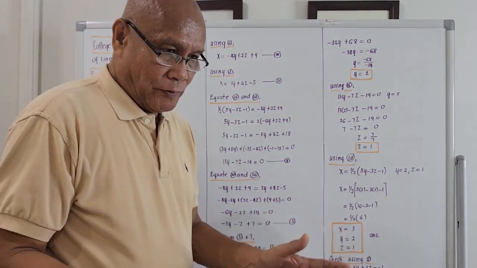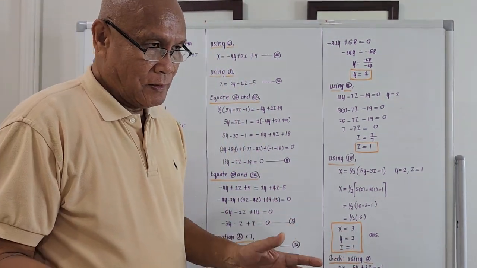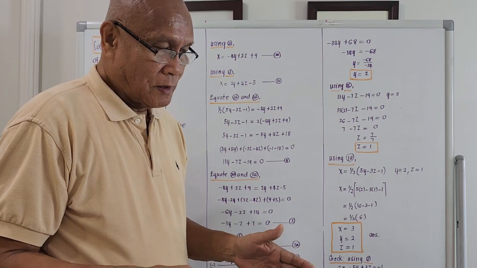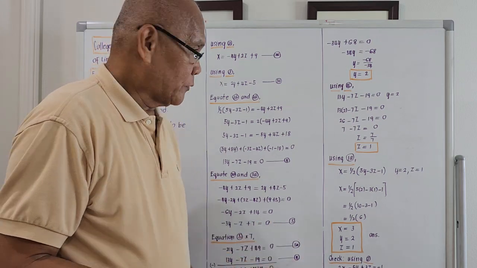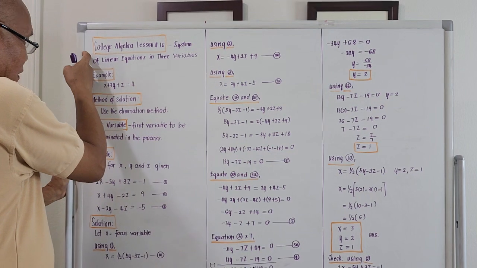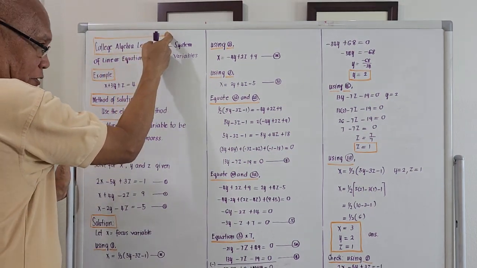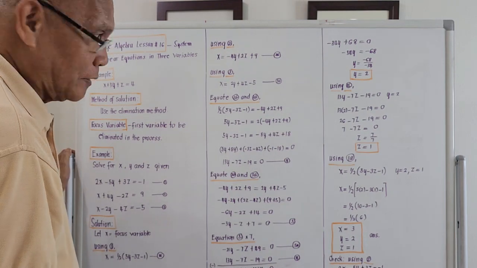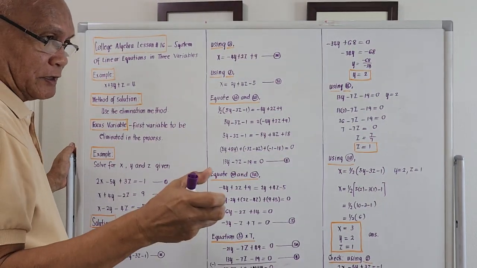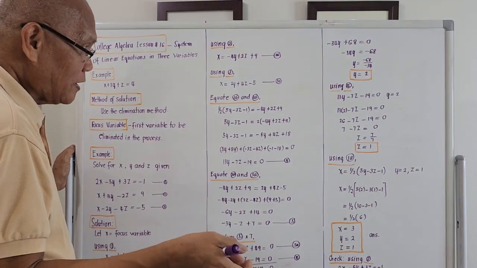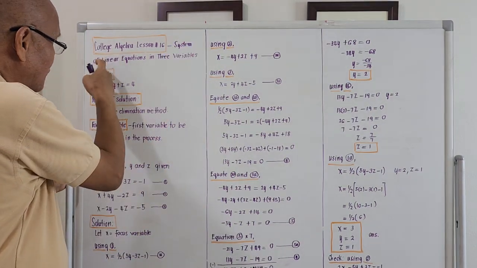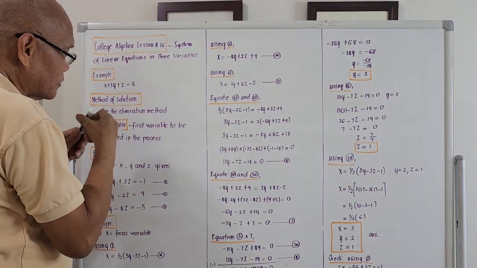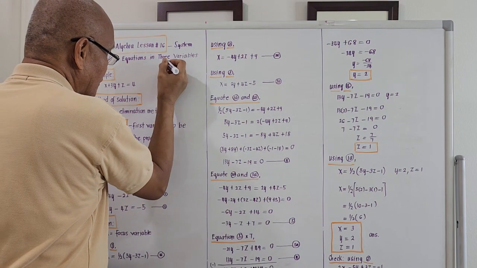For those of you who are following my long video format lectures on college algebra, this will now be college algebra lesson number 16. I am now on lesson number 16, and the title of the topic for tonight will be System of Linear Equations in Three Variables.